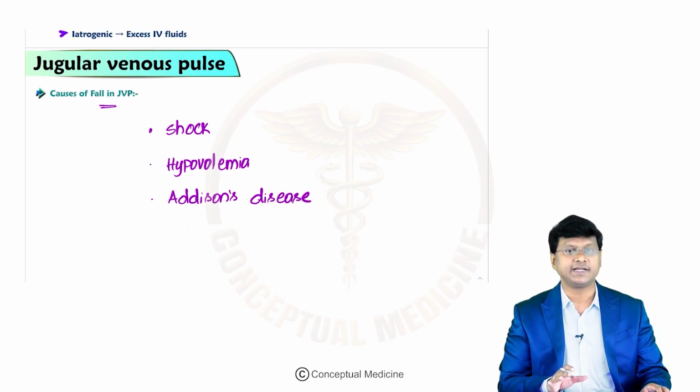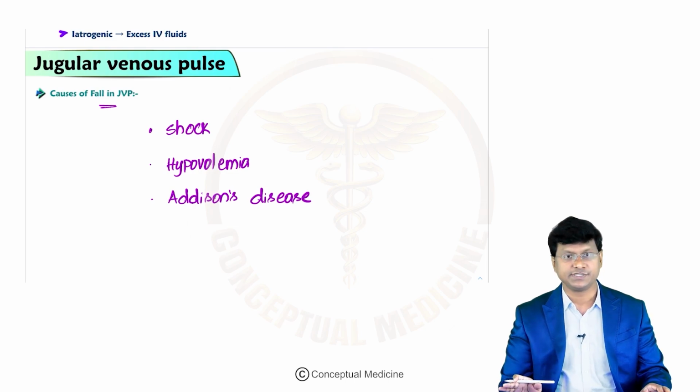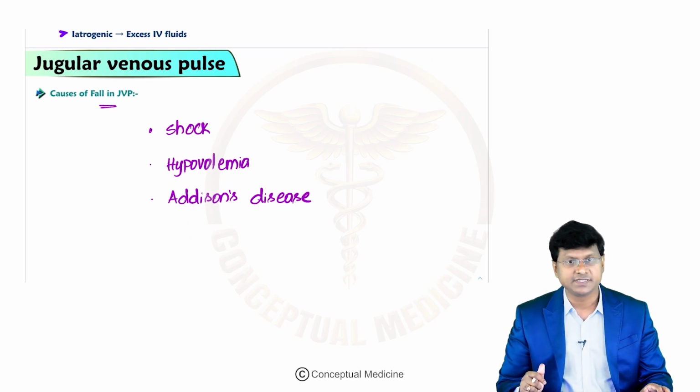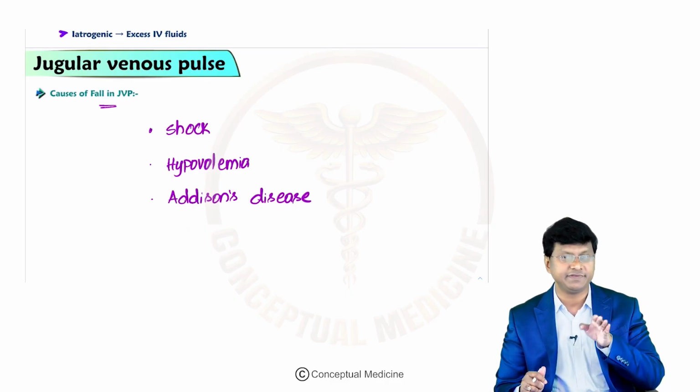So these are the conditions where you have fall in the JVP: hypovolemia, shock, as well as Addison's disease.